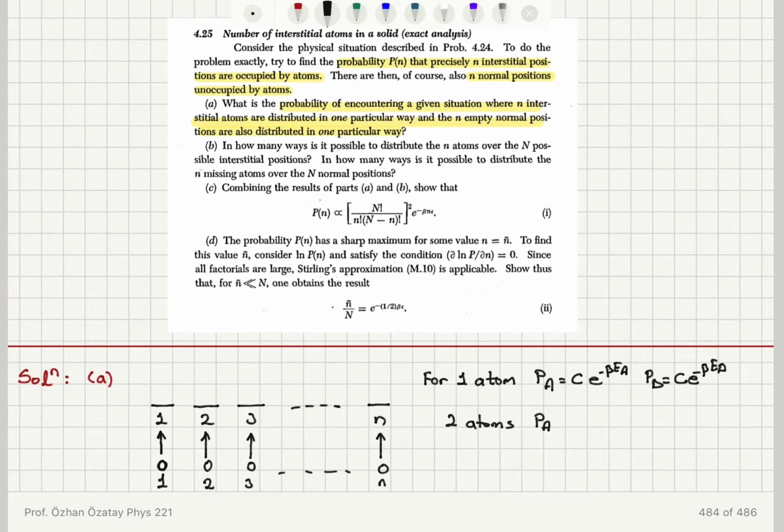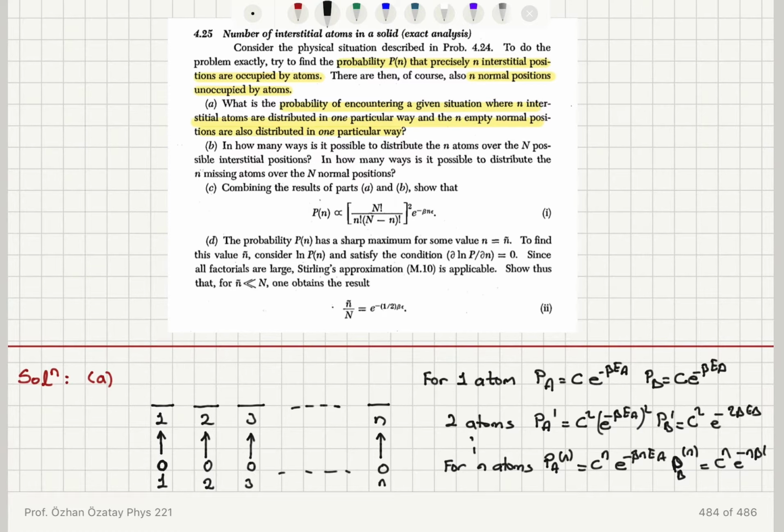Now the probability for two atoms being in the normal position will be c square e to the minus 2 beta ea, and the probability of both of them being in the interstitial position will be c square e to the minus 2 beta eb, etc. And for n atoms to be jointly occupying these n positions, the probability will be c to the n e to the minus beta n ea, and for the interstitial position, we will have c to the n e to the minus n beta eb.